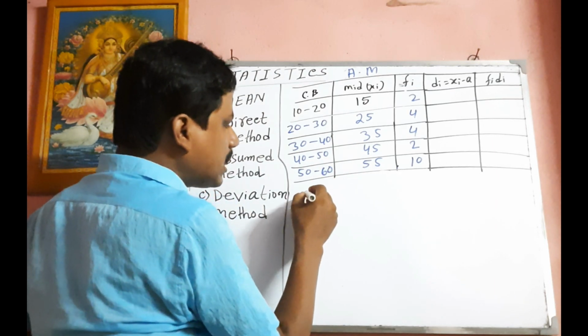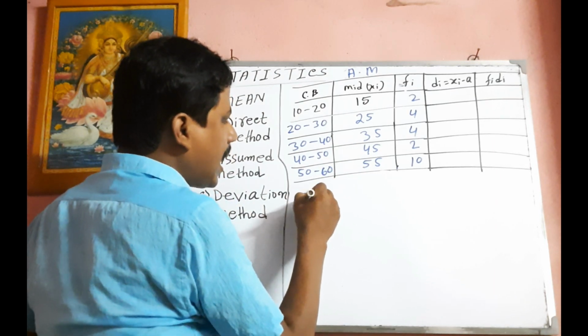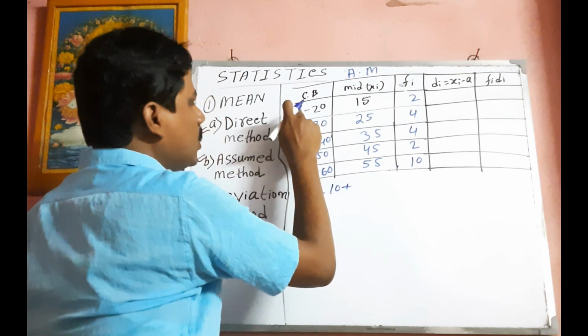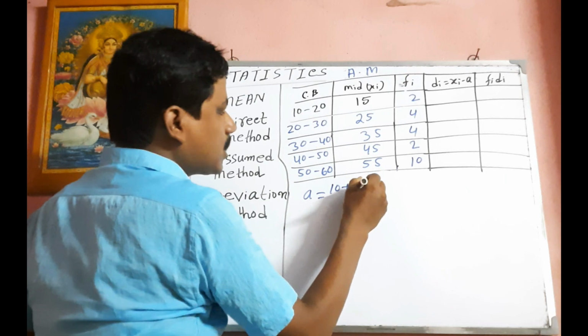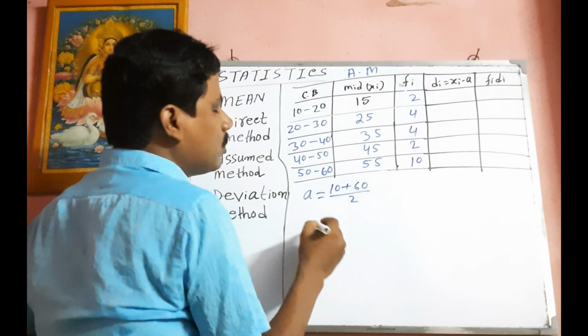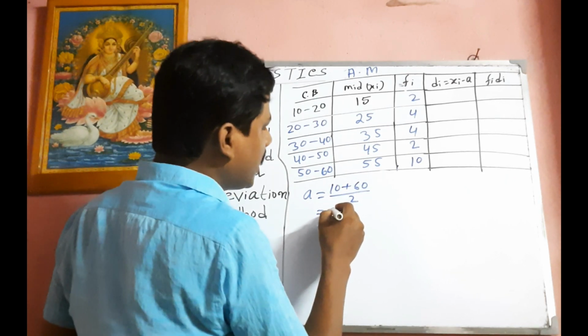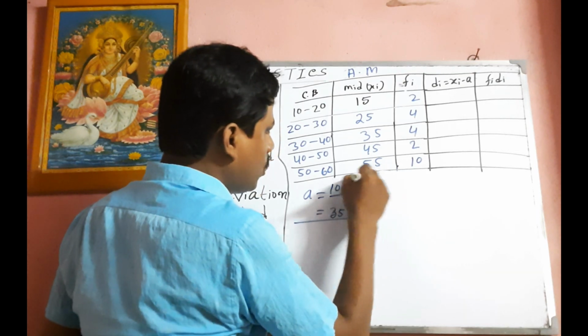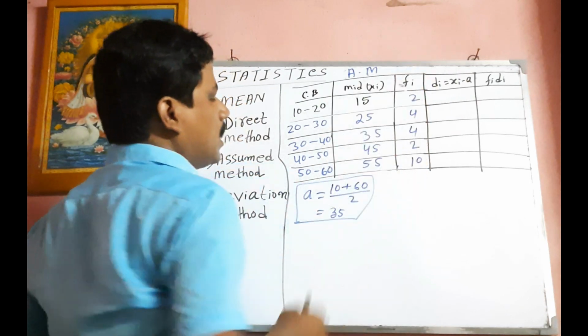Now what is a? a is the sum of the max and the min, divided by 2. That is, a is equal to 35, which we are using here.